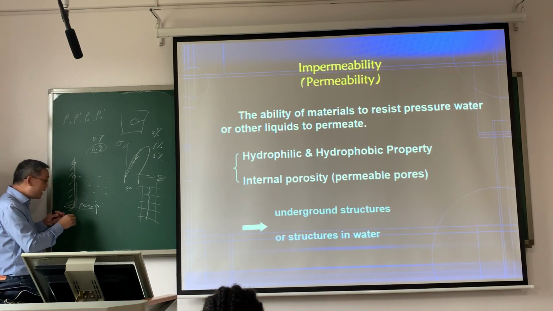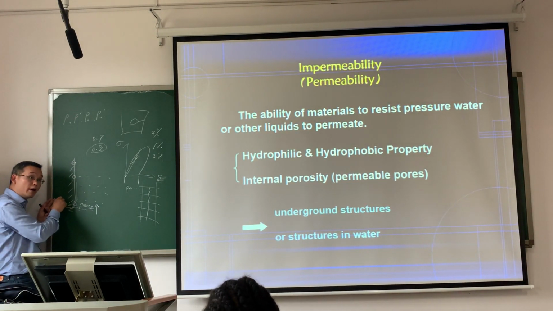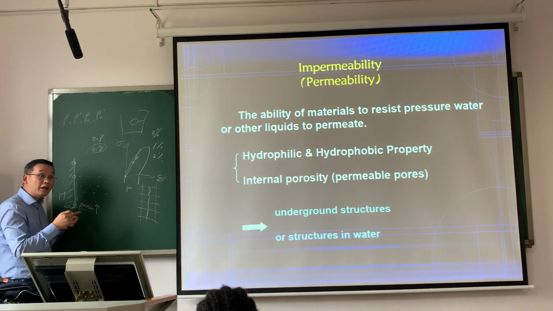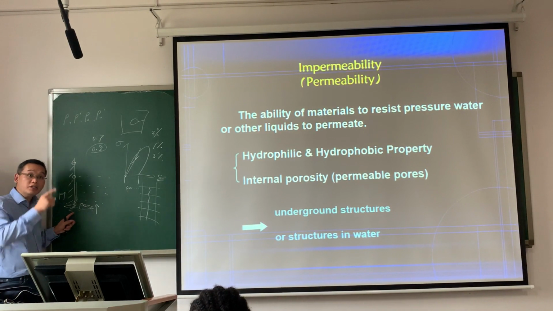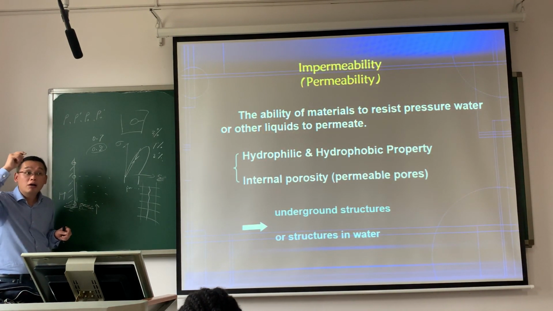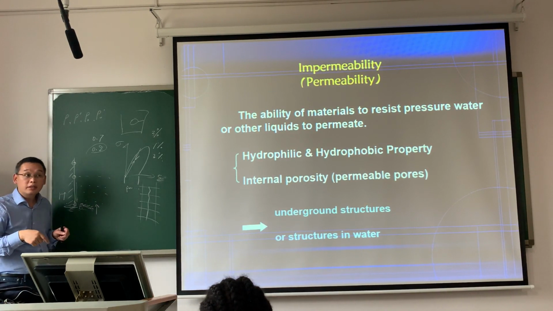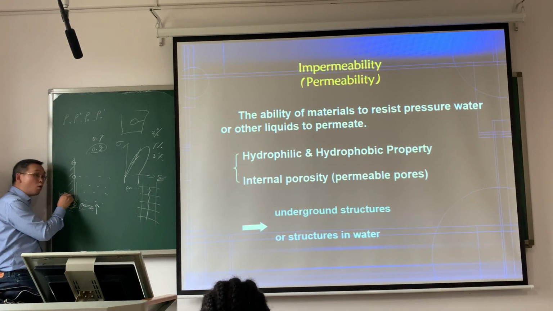More easily. And then the porosity of the structure increases. Because the porosity of the structure is increased, the density of the structure will decrease. Why? Because there are many pores in it.